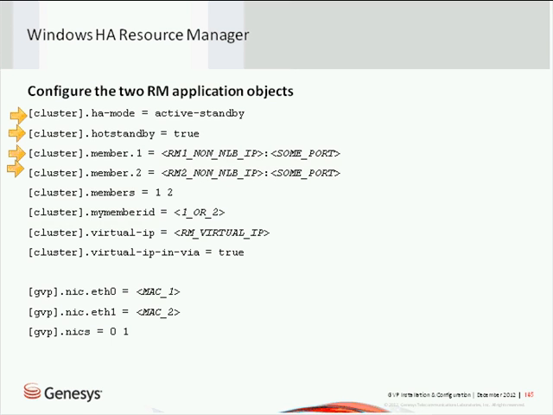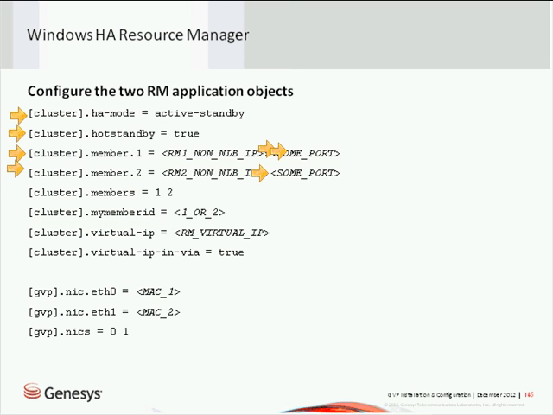Member 1 and member 2, these are the IP and port that the resource managers use to talk to each other and make sure that the other resource manager is actually up. The port is typically listed as 9801 in our deployment guide, but it can be pretty much anything you want. In fact, your 2 ports listening by both of them don't even have to be the same, just as long as they're configured the same on each RM.